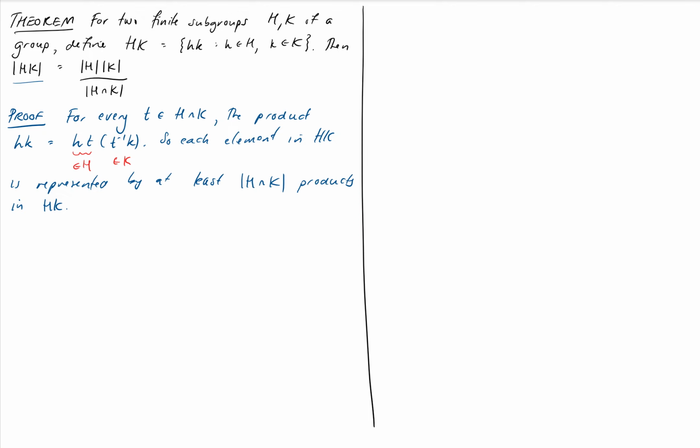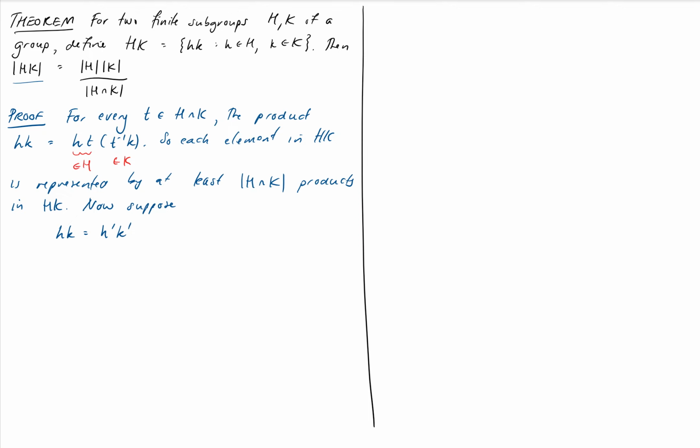Okay, let's show that there are no other possibilities here, so that it's no longer at least, it has to be exactly. So now suppose that hk is equal to h prime k prime. So now I'm taking two different ways of representing the product without making my assumption about t being in the intersection at this point.